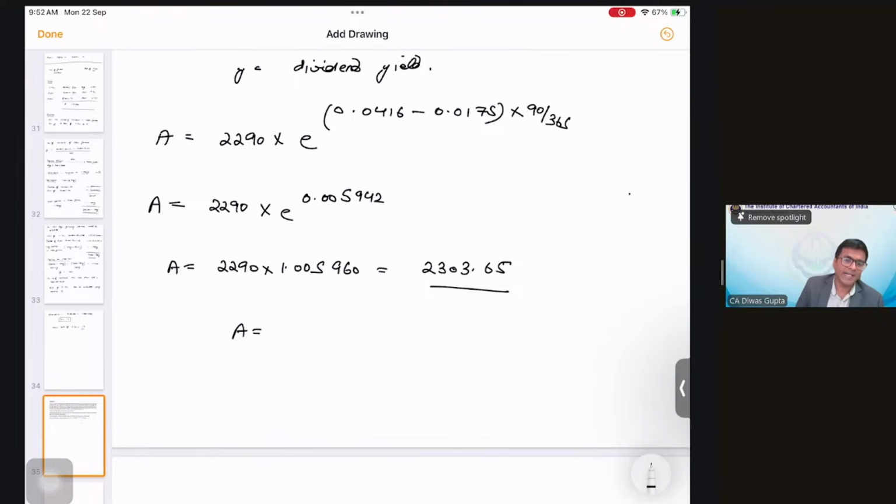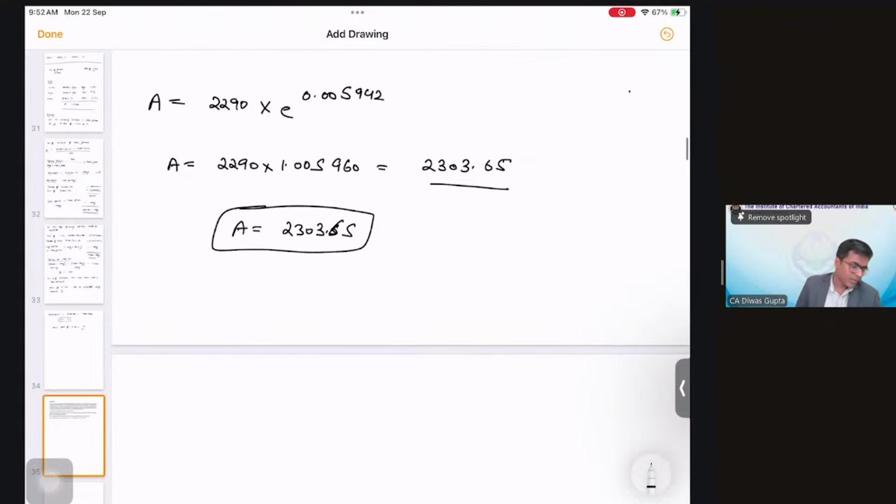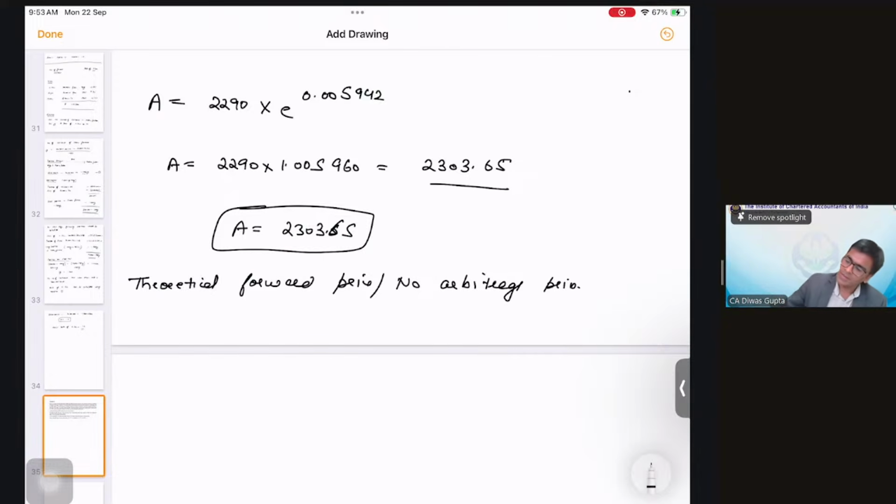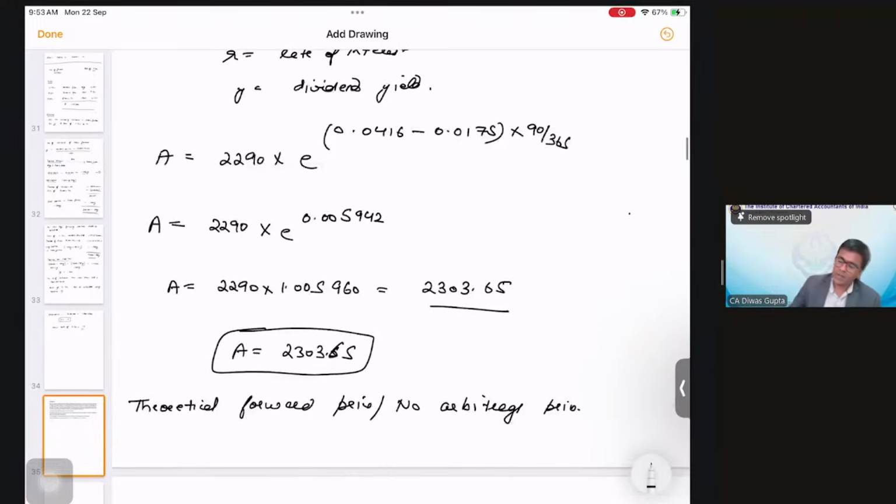Future value basis the index value as on today is 2303.65. So this we also call as theoretical forward price or no arbitrage price. On this value there is no arbitrage that is possible.